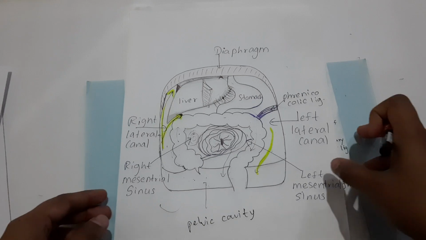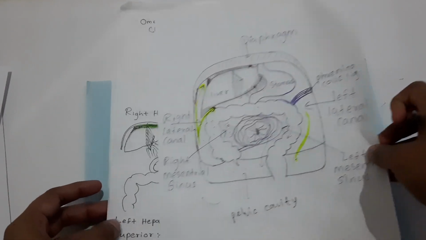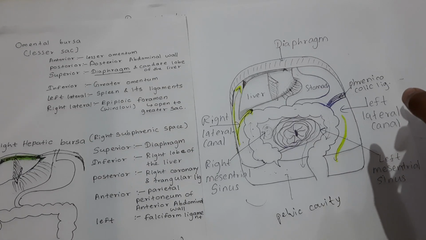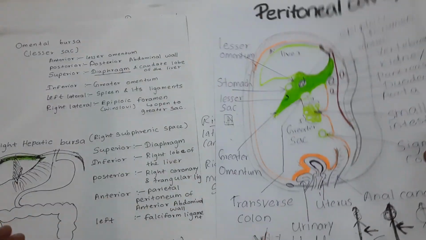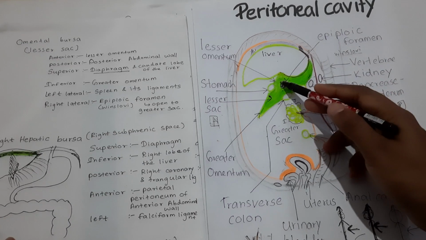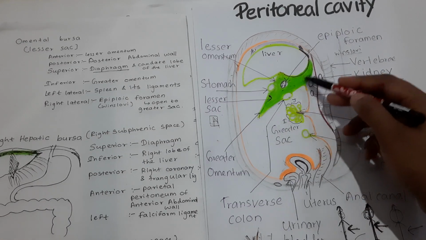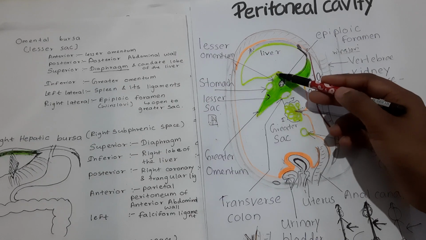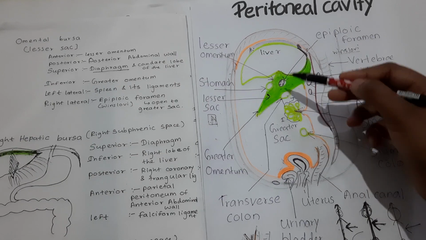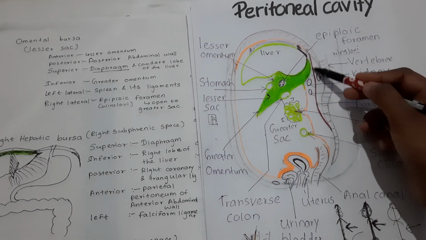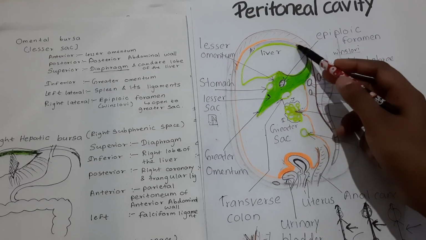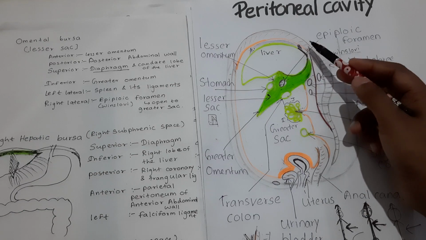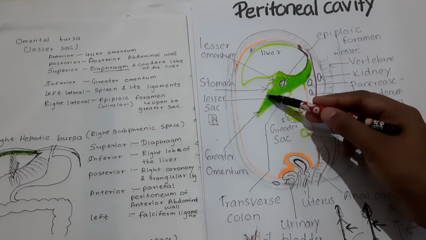The first structure we will talk about is the omental bursa. Actually we discussed that before, right? I will just remind you. Omental bursa, lesser sac: anterior wall is the lesser omentum, posterior wall is the posterior abdominal wall, superior is the diaphragm, we can also say the caudate lobe of the liver, but the best answer is the diaphragm.